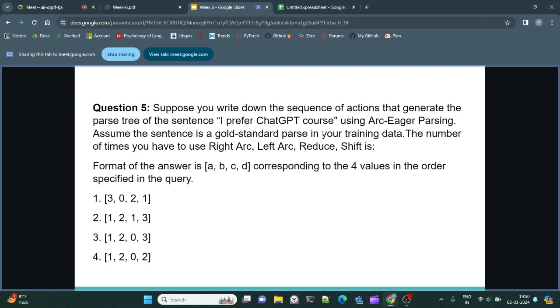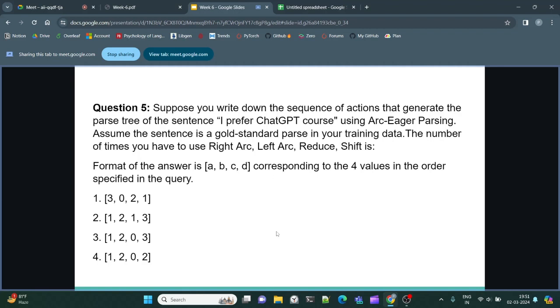One thing you need to note here is that we have to assume that the sentence is there in my training data. So you are already aware of the gold standard solution for this. You know what the dependency parse should be for this sentence.